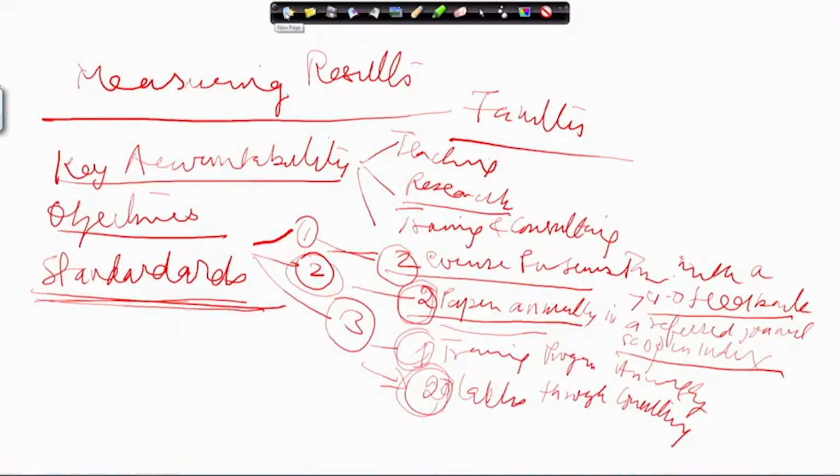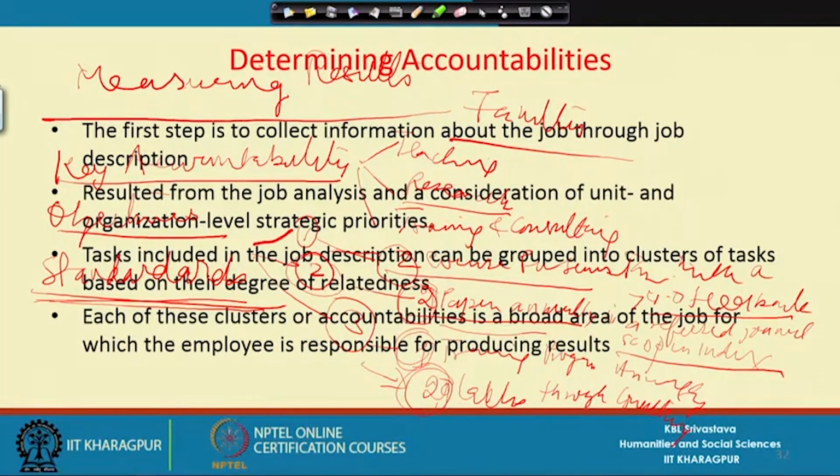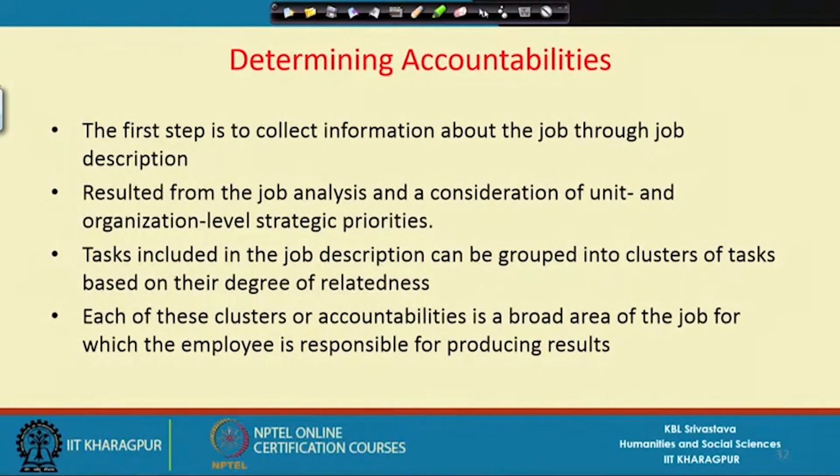Now, getting back to the earlier one, we have been talking about key accountabilities, right. When it comes to determining key accountabilities, what are the things that we need to do? Do you remember we talked about accountabilities, objectives and standards.